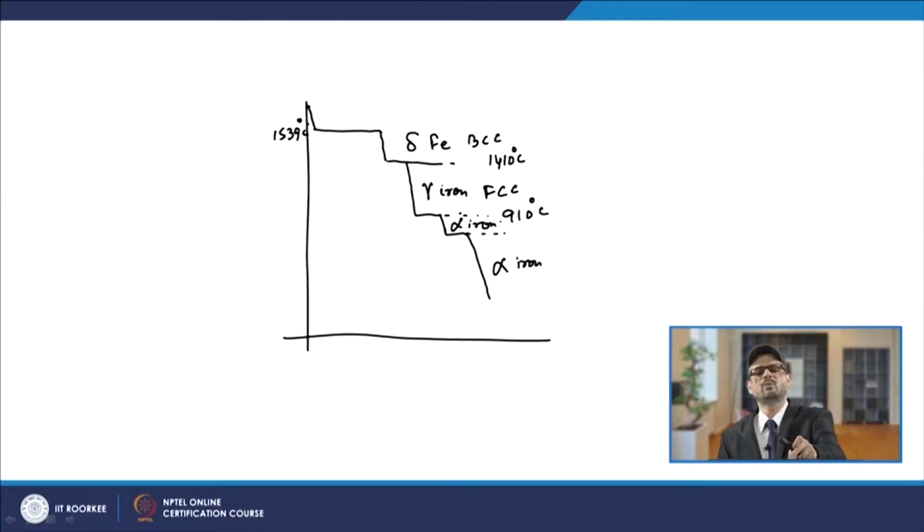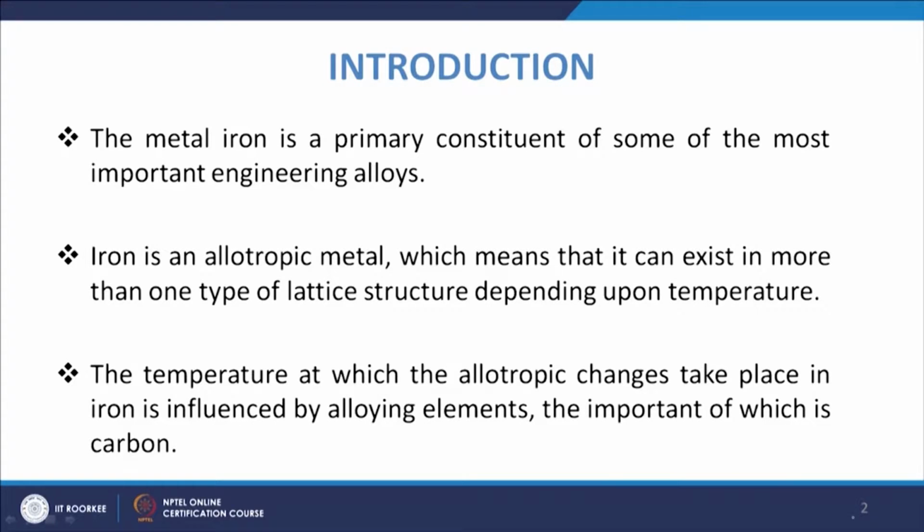Now, when we talk about engineering alloys based on iron, carbon is considered to be the most important element, because it influences the properties of the iron based alloy system most considerably.